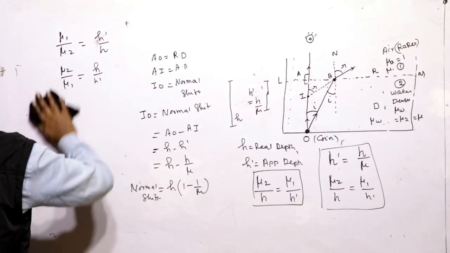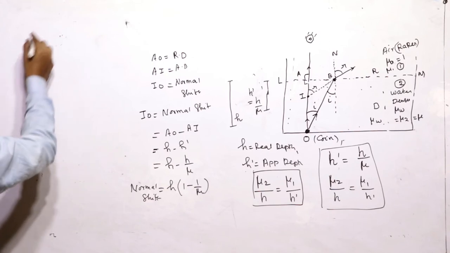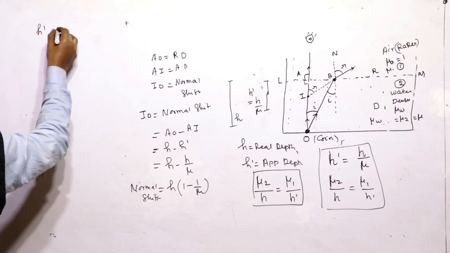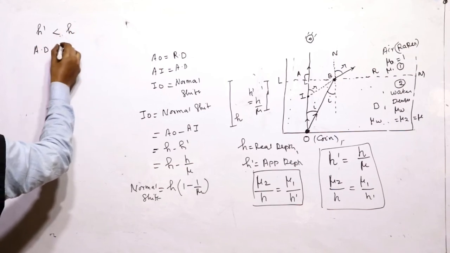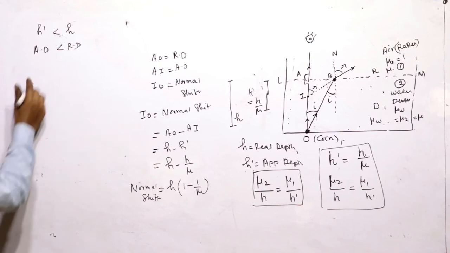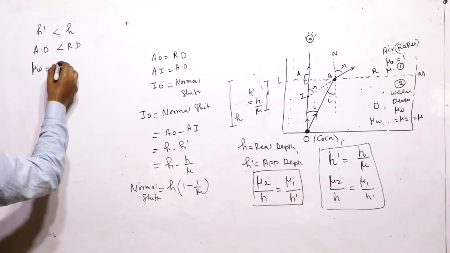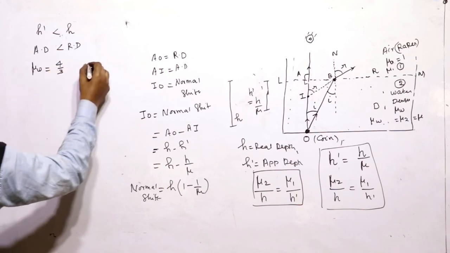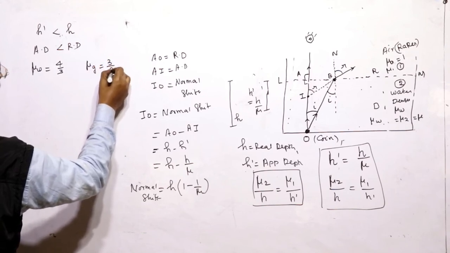Now we can come to the conclusion that the apparent depth h dash is always less than the real depth. For water, the refractive index is 4 by 3. For glass, the refractive index is 3 by 2.